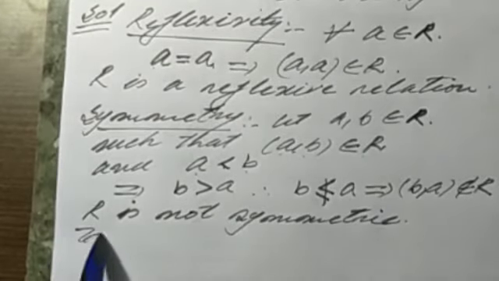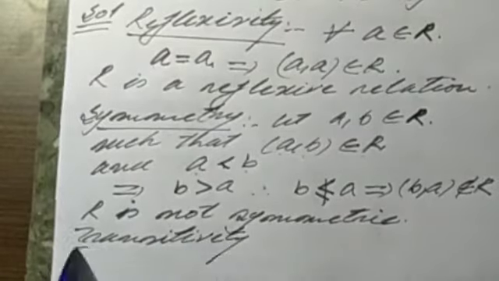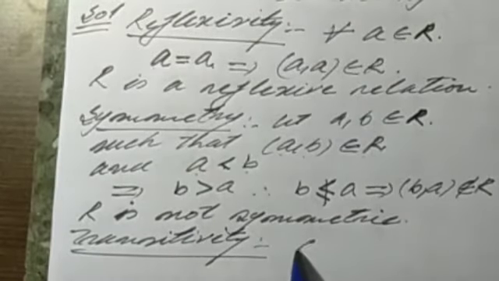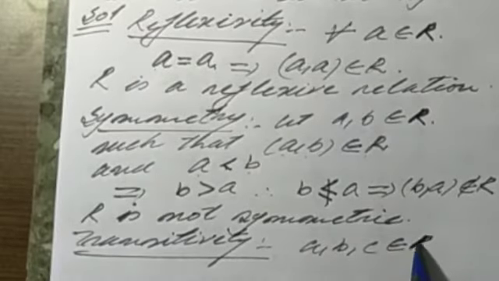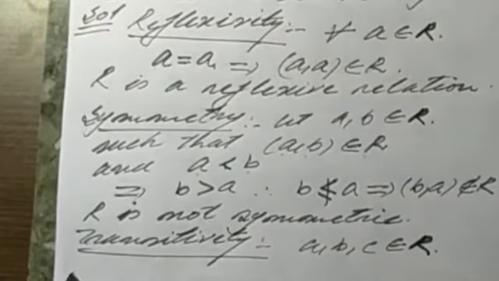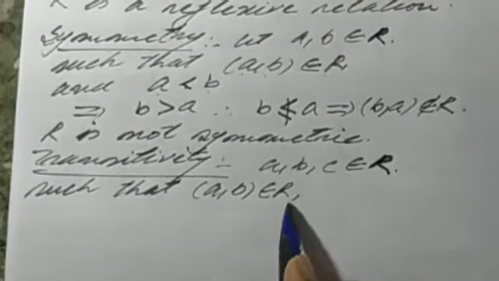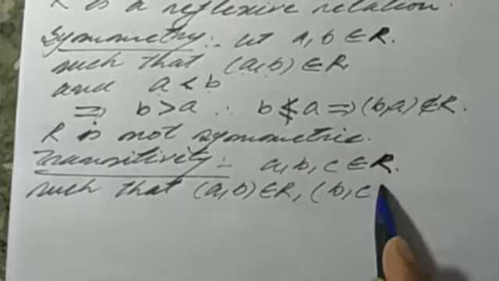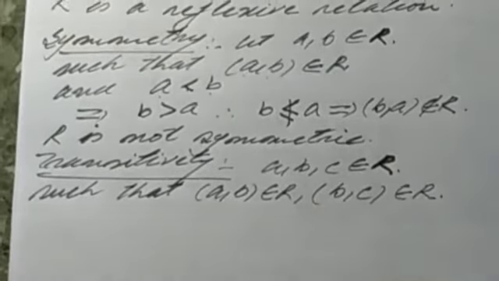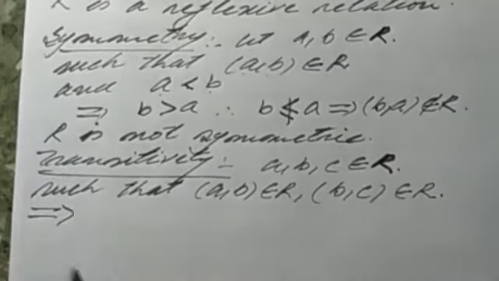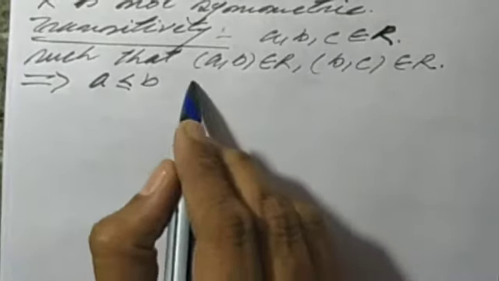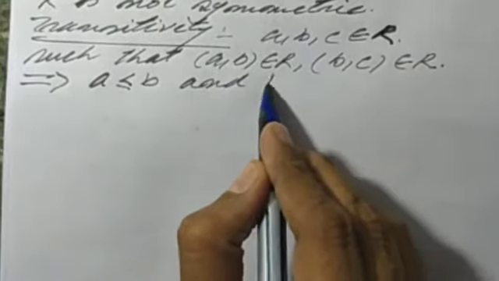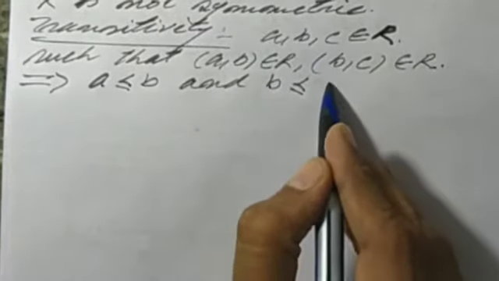Now let us talk about transitivity. So let us take three arbitrary elements a, b, c from the set of real numbers such that (a, b) belongs to R and (b, c) belongs to R. It implies that a is less than or equal to b and b is less than or equal to c.